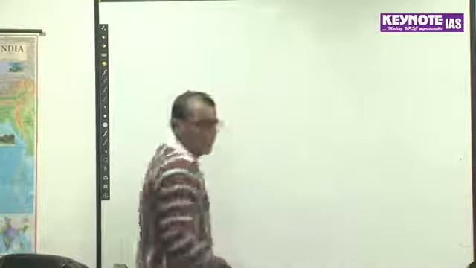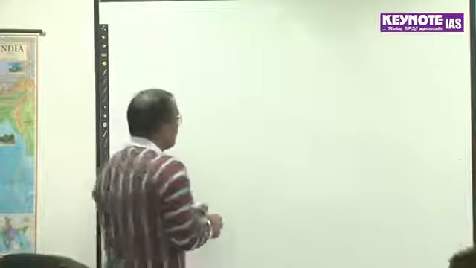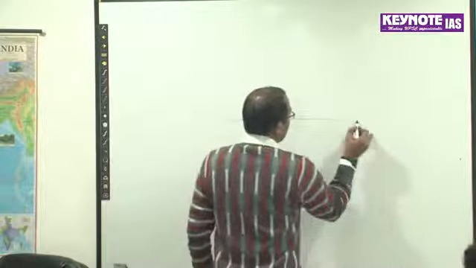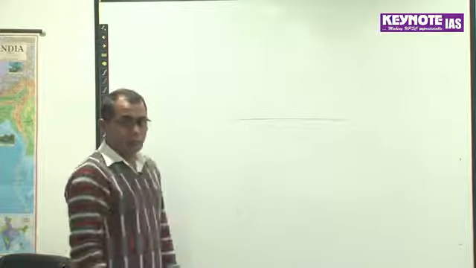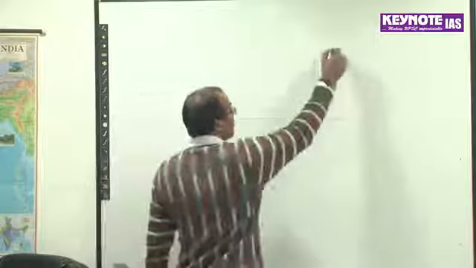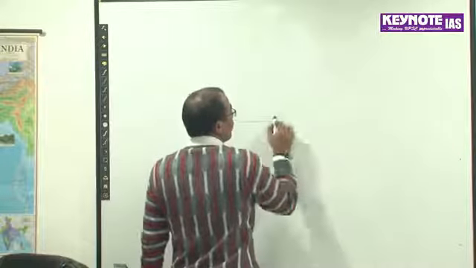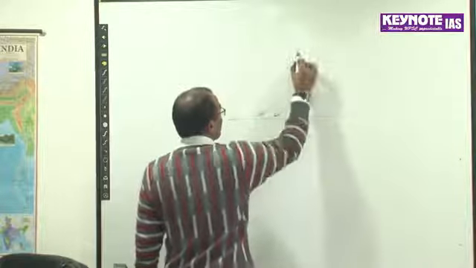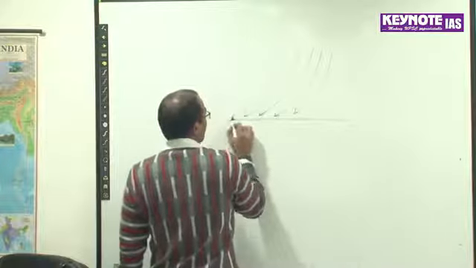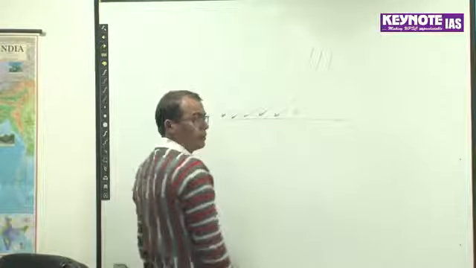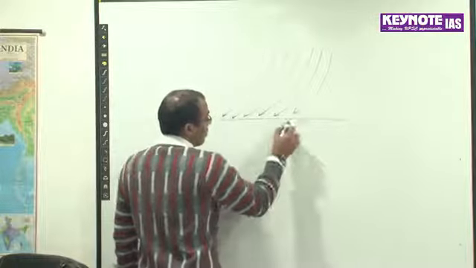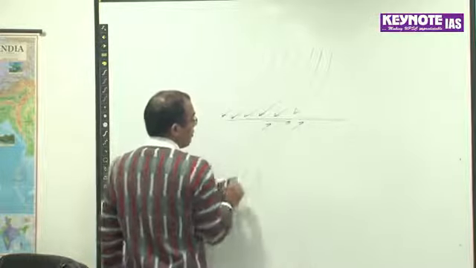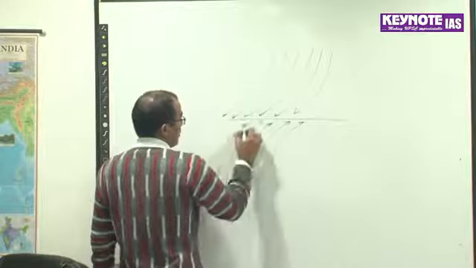Now along this transition belt, suppose this will never be a line, this will always be a zone. So you have the incoming polar easterlies, and then we have subtropical westerlies.